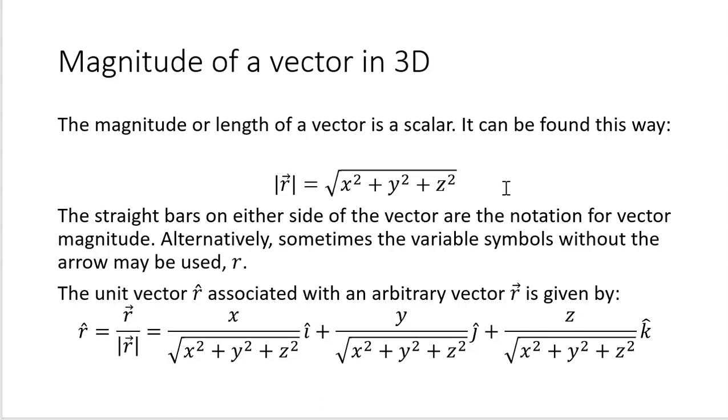So if you do that, then the components of that unit vector would be as given here in this equation. For the i hat, x over the square root of x squared plus y squared plus z squared. For the j hat, y over the square root of x squared plus y squared plus z squared. And for the k hat, z over the square root of x squared plus y squared plus z squared. So that would be the i hat, j hat, k hat, or x, y, and z components of some arbitrary vector r.